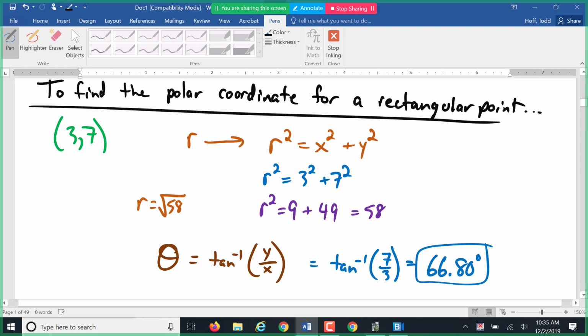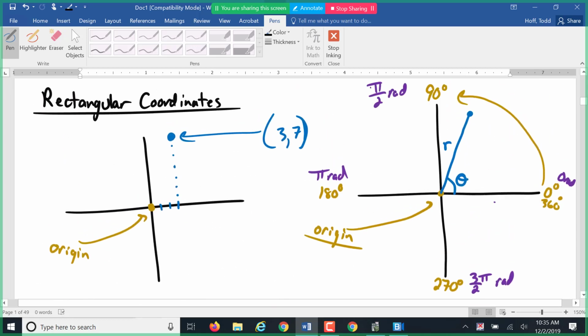So we converted that point 3, 7 up here from our rectangular graph on the polar coordinate system. It was r is the square root of 58, and theta was 66.8 degrees.